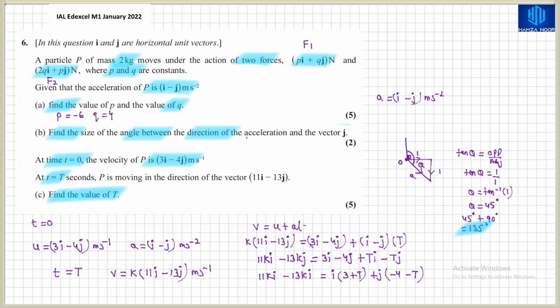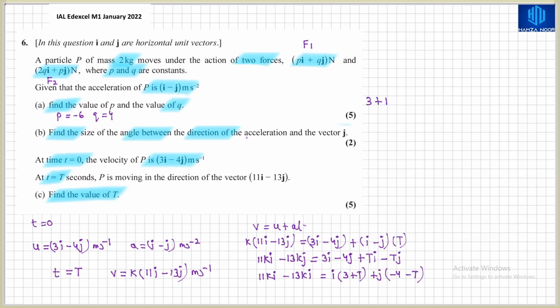The i component will be equated with the i component, and the j component with the j component. I'm going to erase the working of part B from the top so I can make some space. So 3 plus T is equal to 11k, and minus 4 minus T is equal to minus 13k. We make k the subject in both equations.